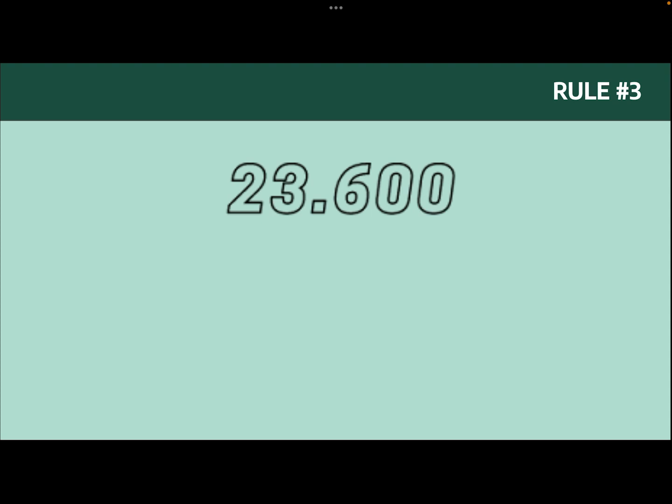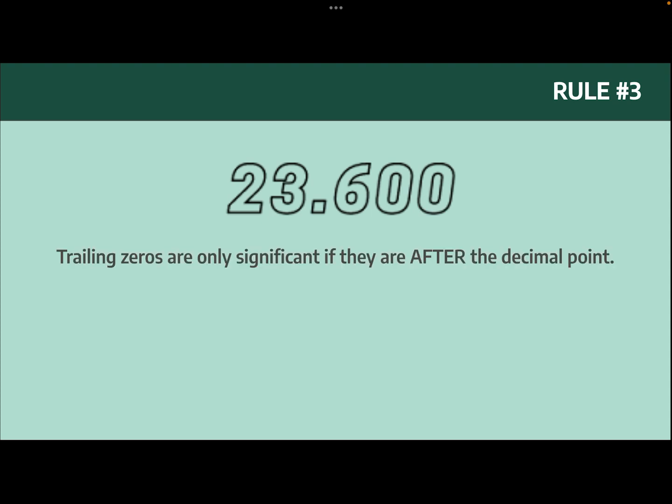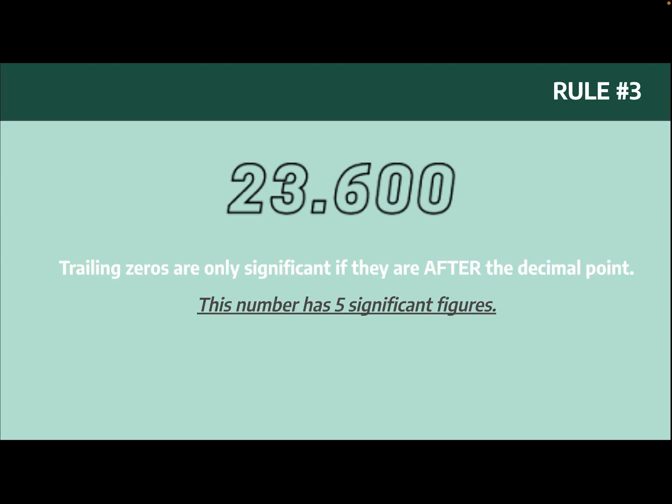Now let's say I have some trailing zeros where it looks like they might be placeholders. Well, trailing zeros are significant if they are after the decimal point, because that's telling me I was able to measure out even further and know that it was definitely on that 0, and then I can estimate the next one.